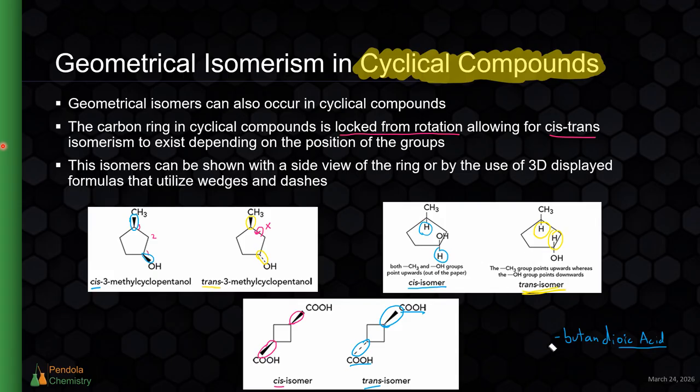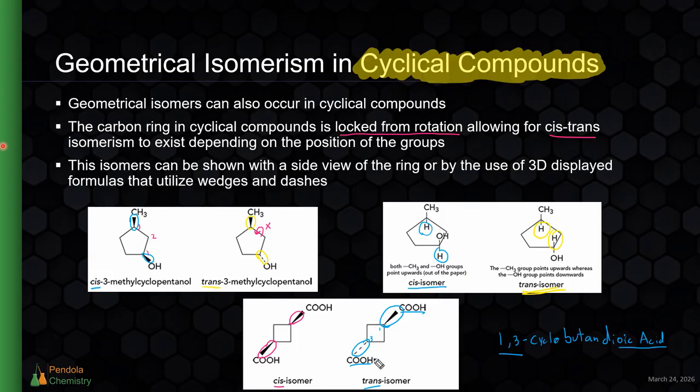Let me put the cyclo in there. It is cyclical, so we need a cyclo prefix. It will be 1,3 cyclo, because it's cyclical, but, because it's 4 carbons, and because they're single bonded, di, because there are 2 functional groups, oic acid, because they're both carboxylic acid, the functional groups, and then 1,3 because these are in carbons 1 and 3.